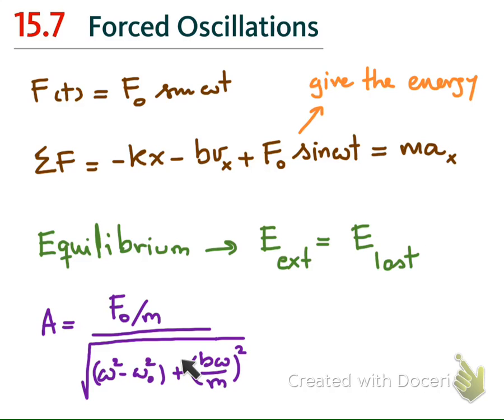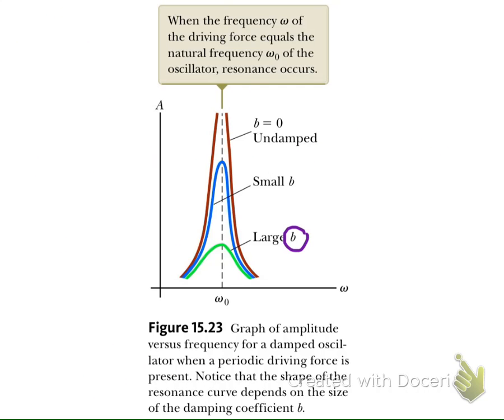If we have small B, A will be large. So for a large value of B, we have a small amplitude, and when we reduce the value of B, we have a larger amplitude.